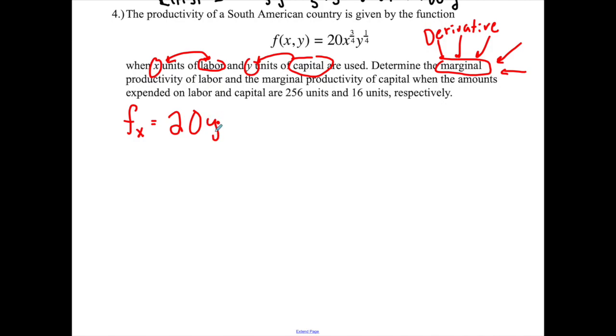Technically, I'll do this: 20y to the 1/4 times the derivative of x to the 3/4. So that's 3/4 times x. We subtract the 1/4, we get negative 1/4. And then the 3/4 and the 20 can multiply and become 15. The x to the negative 1/4 will go first, and then the y to the 1/4.